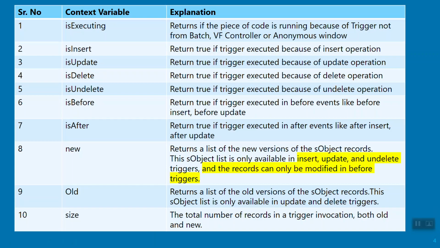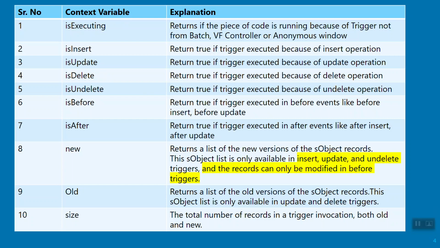First is Trigger.isExecuting. What is its exact purpose? It returns true if a particular piece of code is executing because of an Apex trigger. Let's say we have a piece of code, for a simple example a System.debug with a static statement inside it.